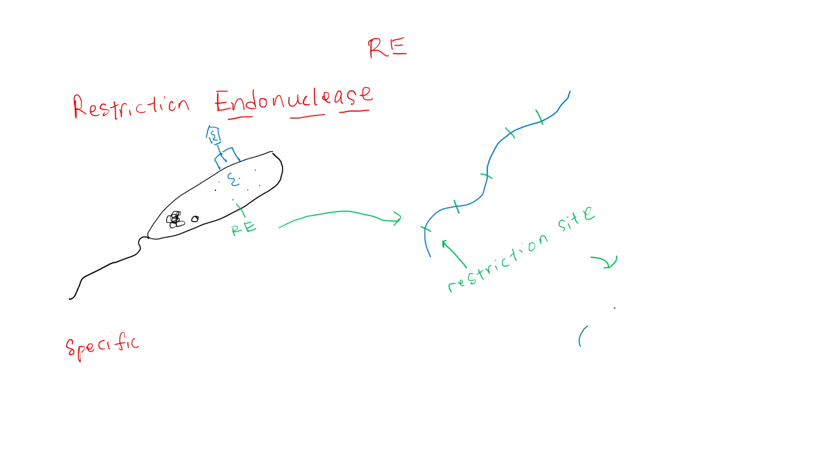So you have 1, 2, 3, 4, 5, 6 pieces here. We call these pieces the restriction fragments.